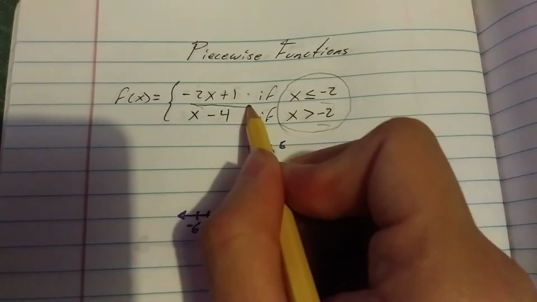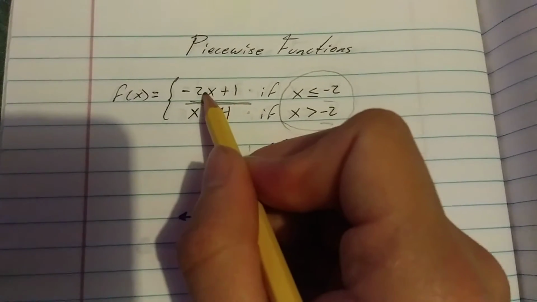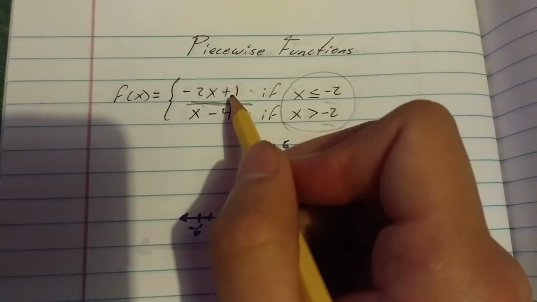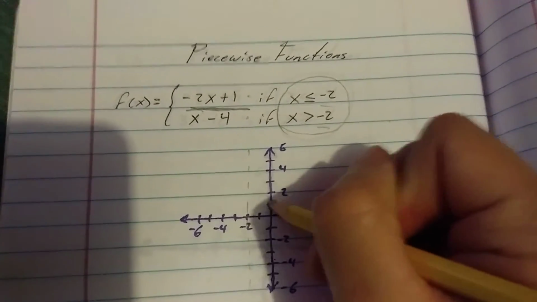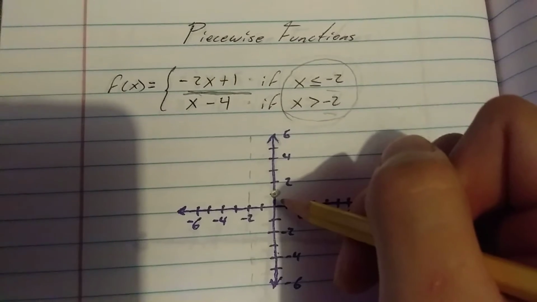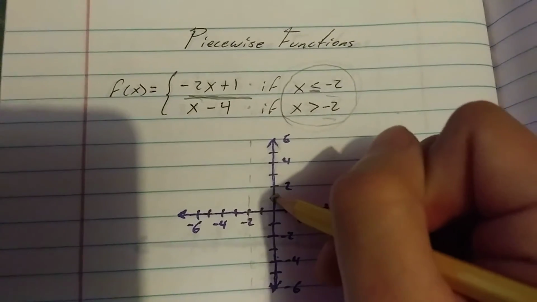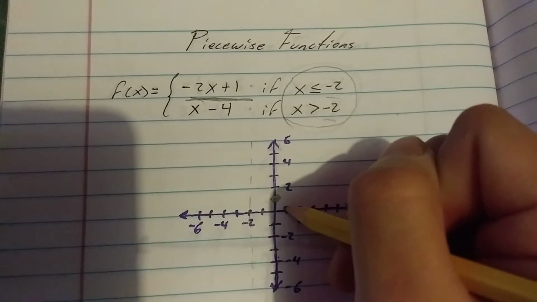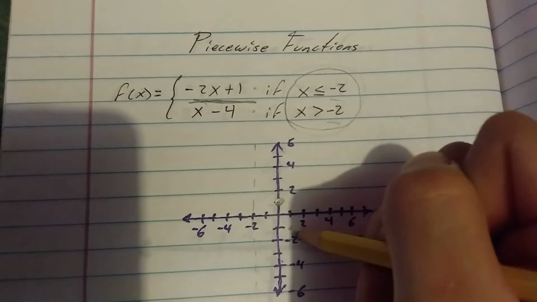So let's look at the first one. This is my y-intercept, this is my slope. My y-intercept is 1, so let me go 1 unit up. There's my point, and then I have a slope of -2. So it's -2/1, which means I go 1 over, and because it's negative, I go 2 down. 1, 2. There's my point.